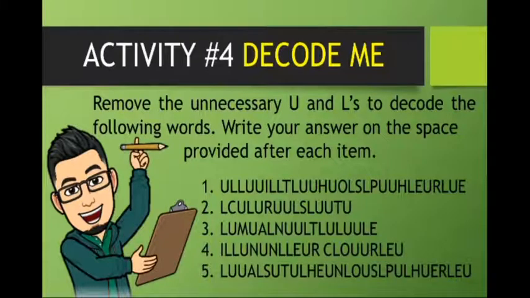Number 1 starts with the letter L. Number 2 starts with letter C. Number 3 is letter M. Number 4 is letter I. And number 5 is letter A. And these are some of the words that we're going to encounter in our discussion proper.